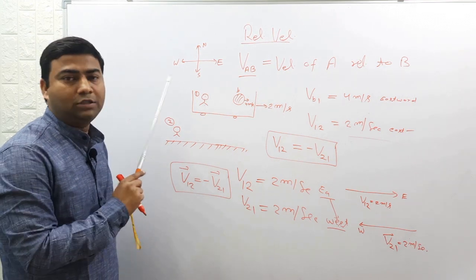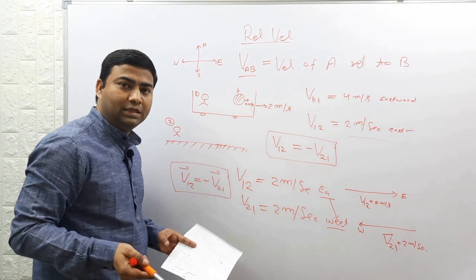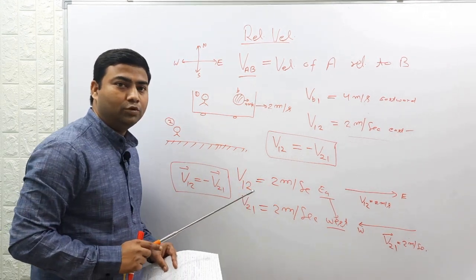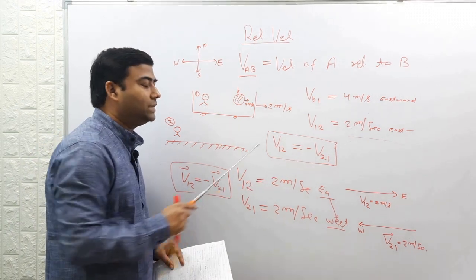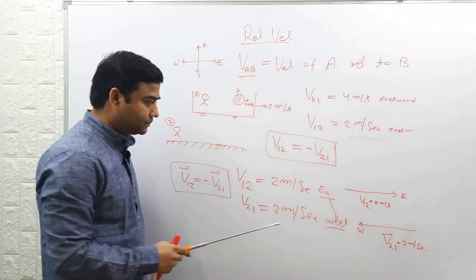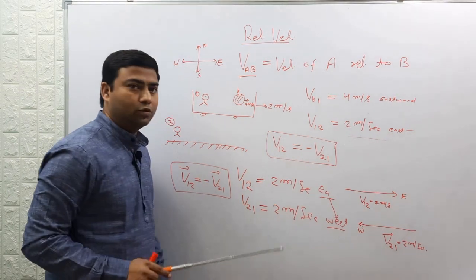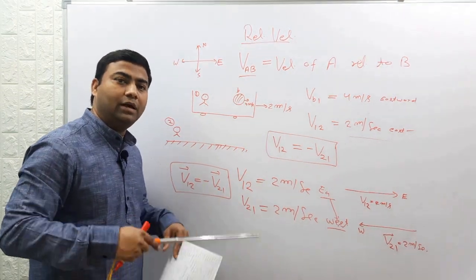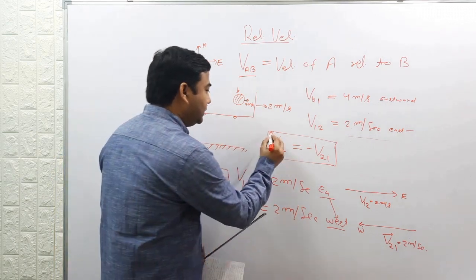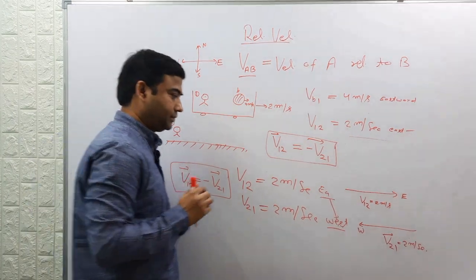That is always true. From a basic observation you can easily understand it. V12 will always be equal to V21 with negative direction. So these vectors are negative vectors, opposite in direction, V12 and V21. Both vectors are the same in magnitude but opposite in direction. Or we can write in vector form, V12 is the negative vector of V21.